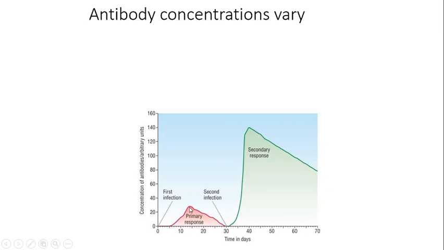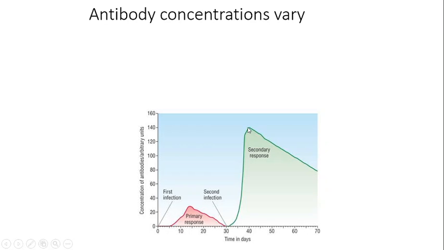But after that first infection, then we'll create memory cells. So B memory cells in particular are really important in this process. And that means that if we get the infection again, very quickly those B memory cells can differentiate into B plasma cells and start to produce antibodies. So we're getting antibodies being produced straight away. They can also divide by mitosis to make more copies and then make even more antibodies, which is why we've got a much, much higher concentration of antibodies with the secondary response.